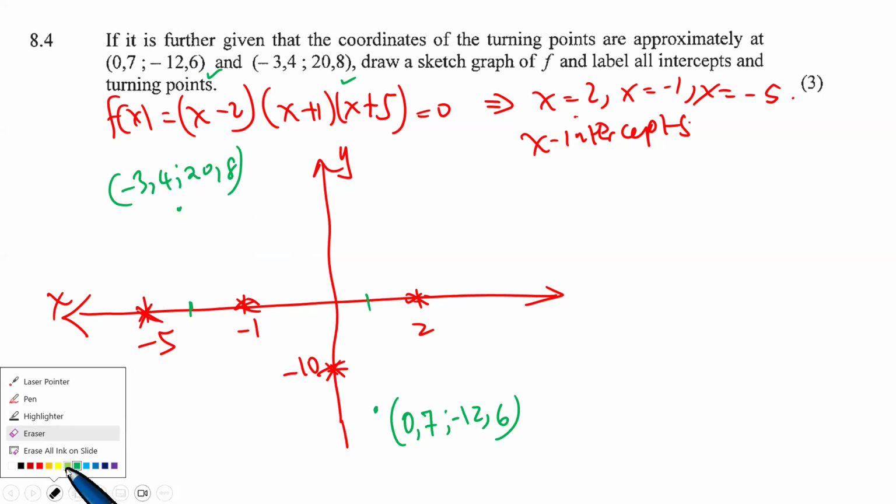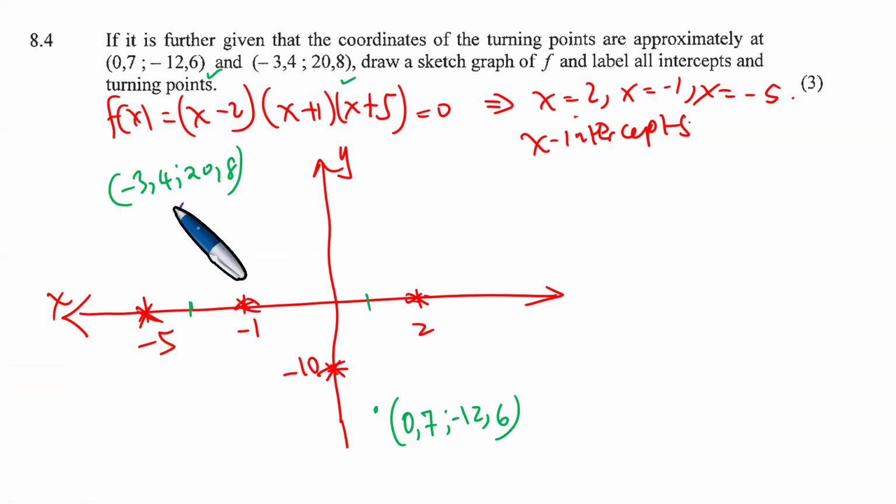So in the end, what we have here is as follows. Let's draw the graph. It's going to have a turning point here, and then it's going to cut here.